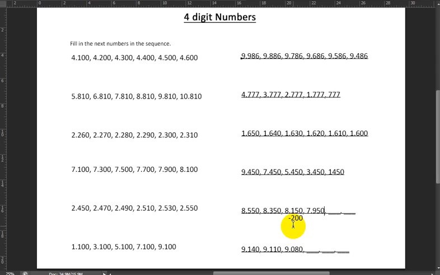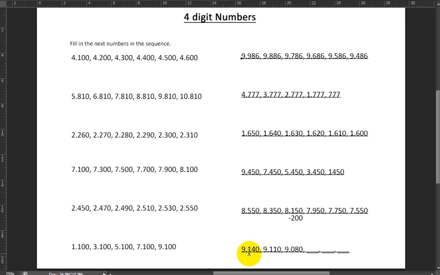And then the 5 and the 0 stay the same. This becomes 1 less because the one that I borrowed needs to be returned down here, and then 8 take away 1 becomes 7. So we have now 7,950, and I take away 2 more from the 9, so it becomes 7,750, and then 2 more, and it becomes 7,550.